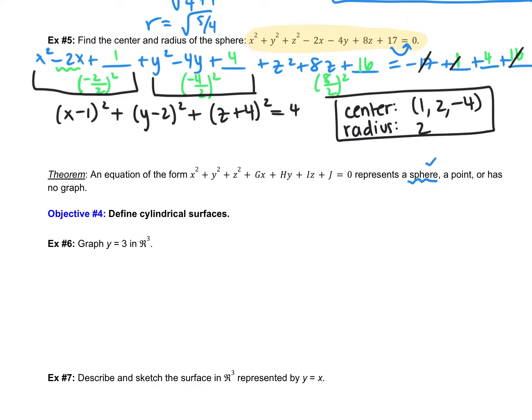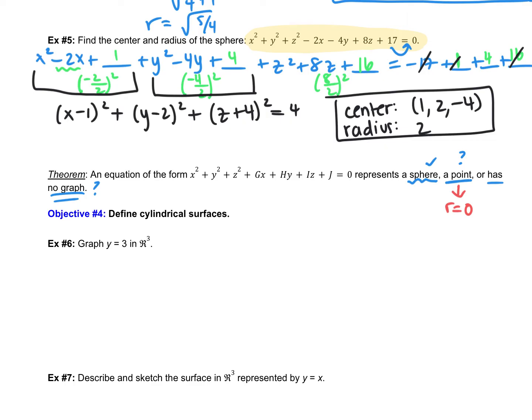Now the question is, how would we have an equation in that form that gives us a point, or one that has no graph? So think about that for a second. How would we have an equation of that form that gives us only a point, or that gives us no graph at all? Okay, hopefully we can tell we would get a point if the equation gave us a radius of 0.